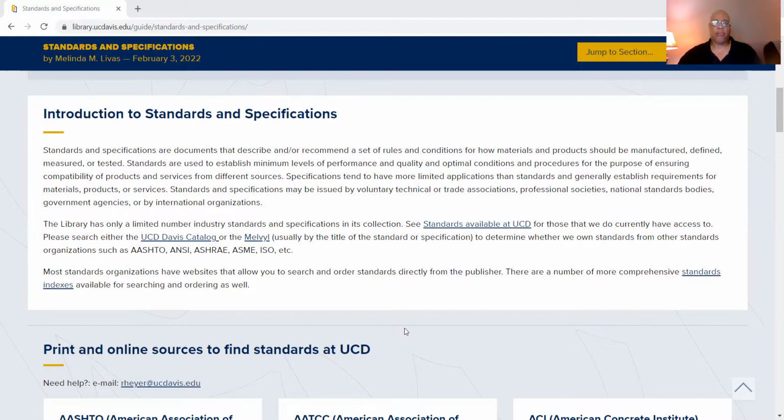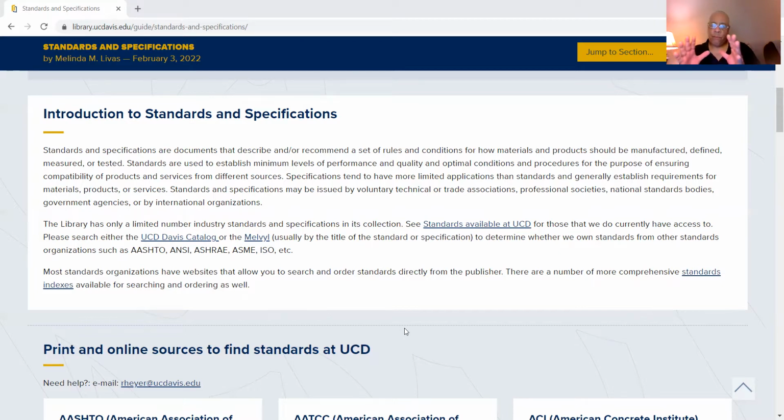The library has only a limited number of industry standards and specifications in its collections. Some of the organizations are ANSI, AASHTO, ASHRAE, and ASME, the American Society of Mechanical Engineers.